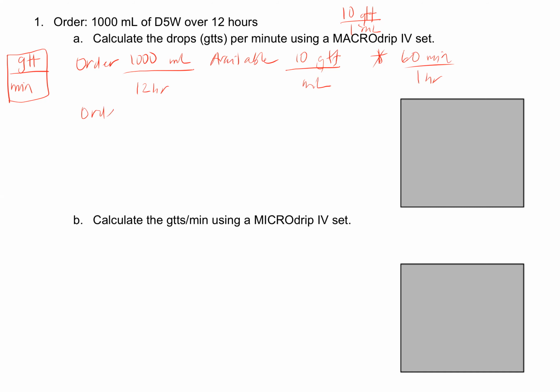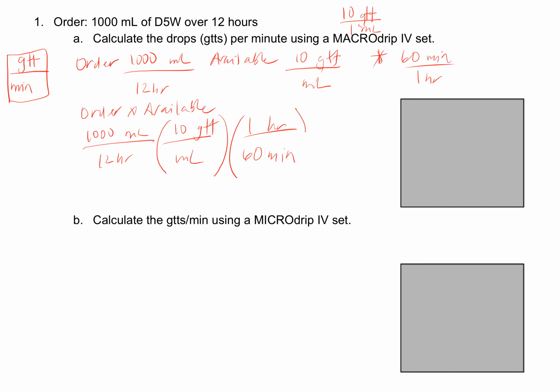So using the equation, order times available, we have 1,000 mLs over 12 hours, and we want to cancel the units of ml so that we're left with drops per hour. And also we want to go ahead and cancel the units of hour. So we're going to put 1 hour in the numerator, 60 minutes in the denominator. And as you can see, ml units cancel, hour units cancel, and you're left with drops per minute.